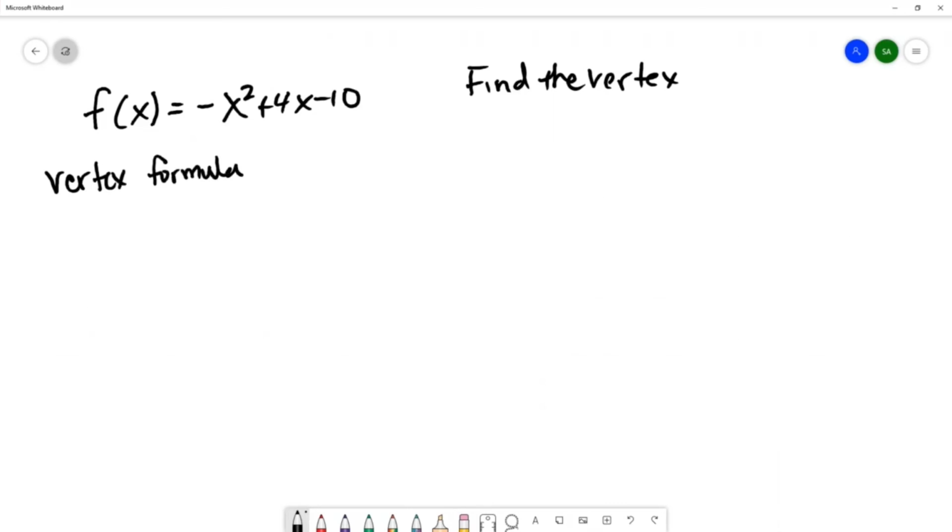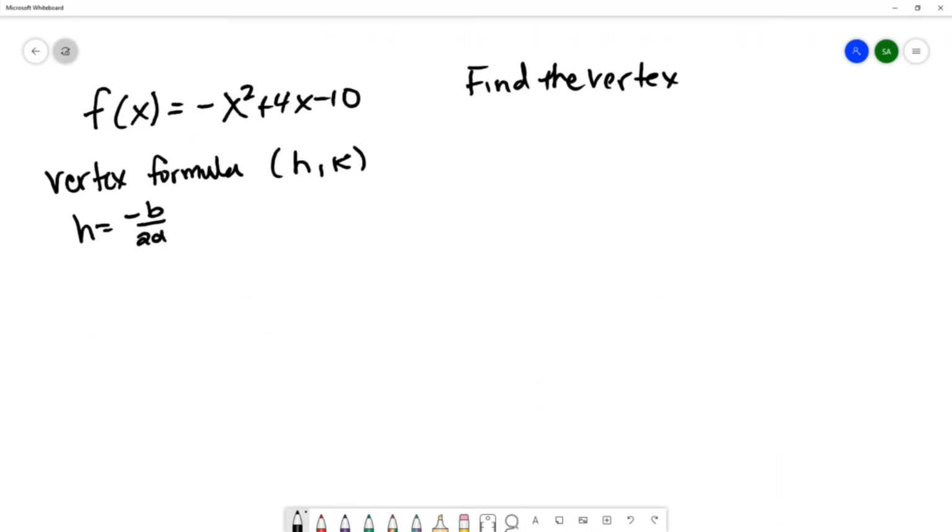We typically label the vertex as an ordered pair (h, k). We have a formula for the x-coordinate of the vertex, and that is negative b over 2a.